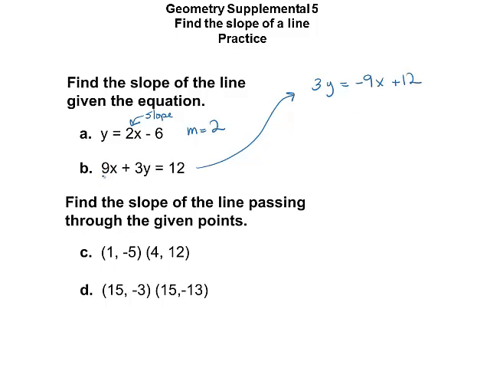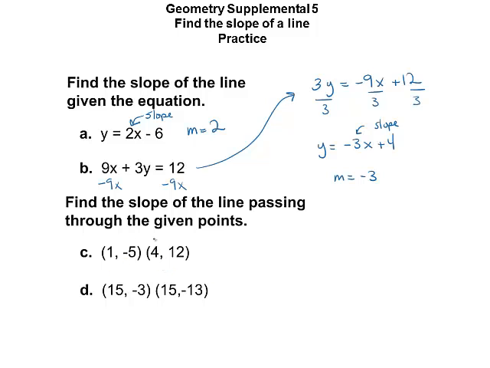So I either pick it up and move it and change the sign, or I can add or subtract it to both sides like that. Then I divide everything by 3. So I get negative 3x plus 4, and there's my slope. So my slope is negative 3.